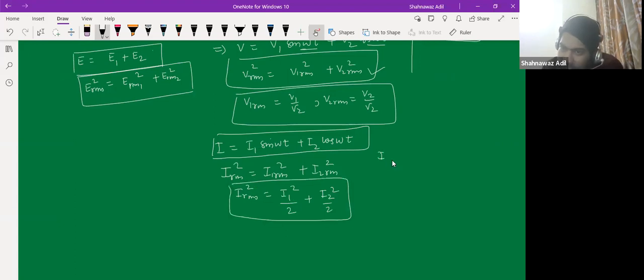Because I1 RMS is I1 by root 2, and similarly I2 RMS is I2 by root 2.